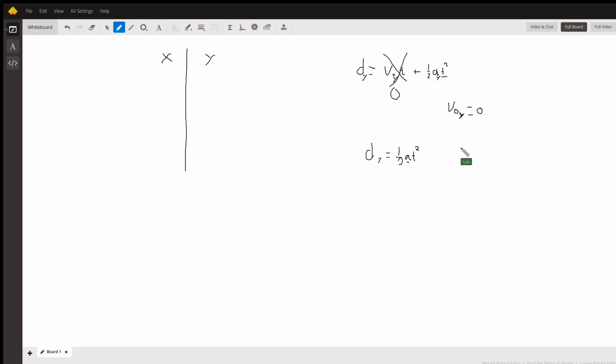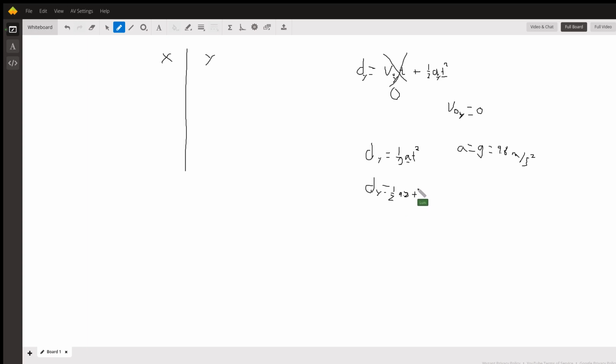In the vertical, acceleration actually equals gravity, and we know that gravity is 9.8 meters per second squared. So we can change this formula to dy equals 1/2 times 9.8 times time squared.